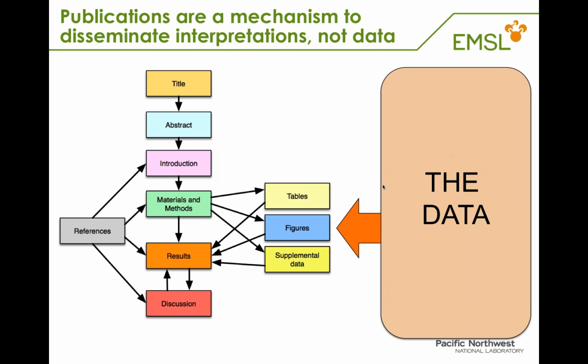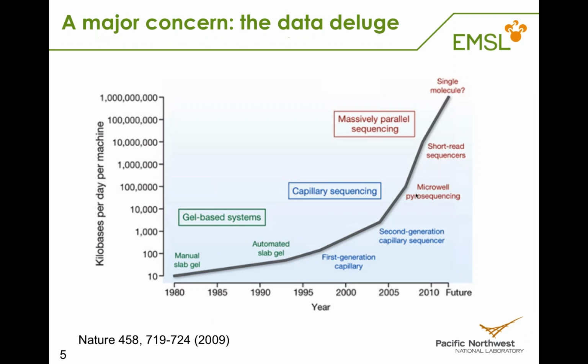So one of the biggest concerns that scientists have nowadays is this idea about the data deluge. And this is just a figure from a Nature paper in 2009. Of course, it's a lot worse than this now, in which we're getting more and more data, and we really don't know how to handle it. So very rapidly, biology is becoming a data-driven science. The ideas we had yesterday have become supplemented by the need to predict on the individual level.